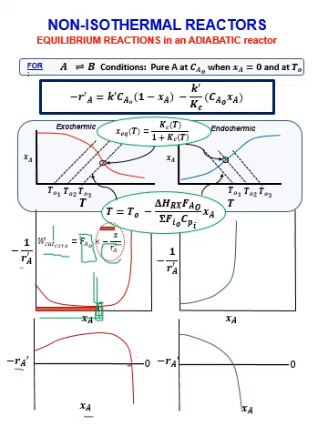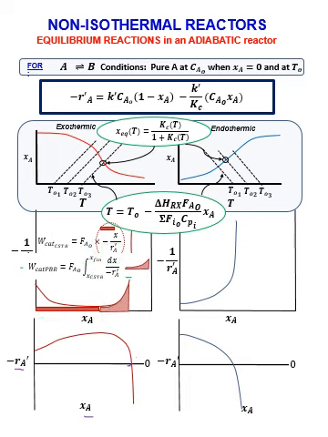So if I now want to target a higher overall conversion, I would now follow that with a PFR or a PBR in this case, operated in series with my CSTR. And of course here I have to integrate and consider all the different rates as the rate is changing along the length of my reactor, and my integration boundaries will be from X at the inlet, which is the CSTR outlet, going to the desired conversion that I want in my PBR reactor.